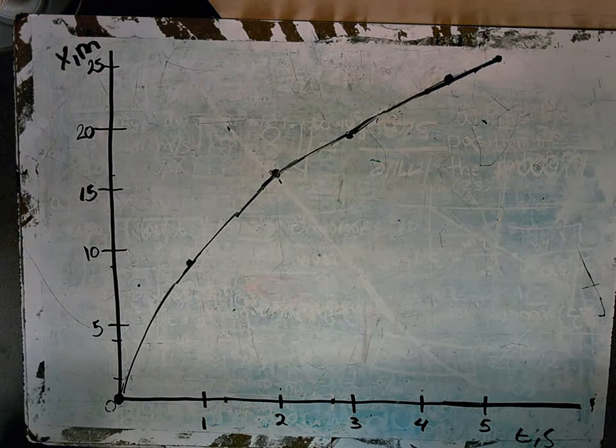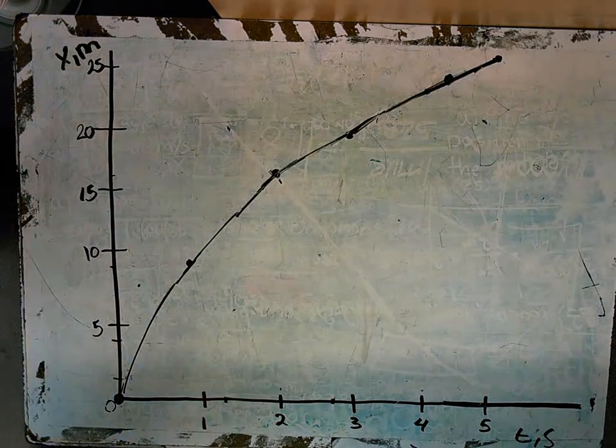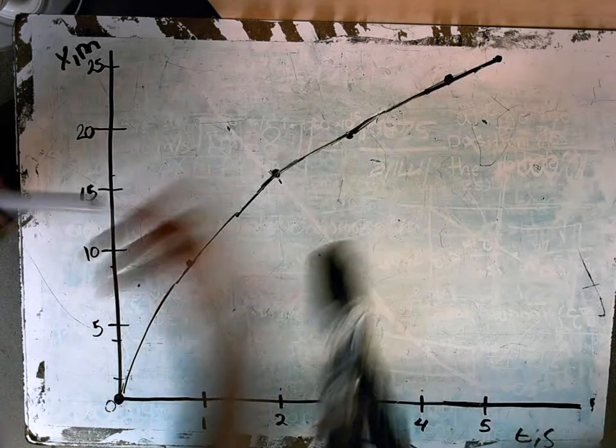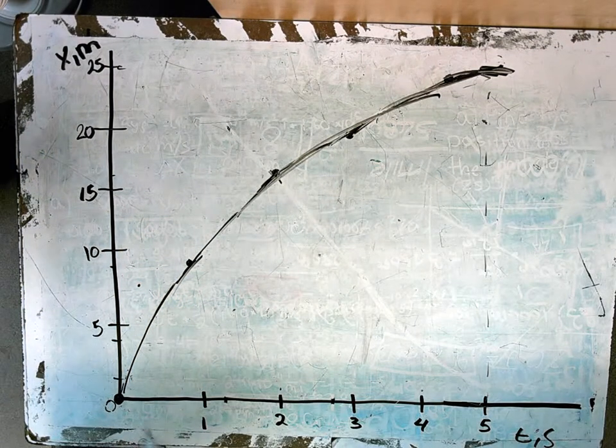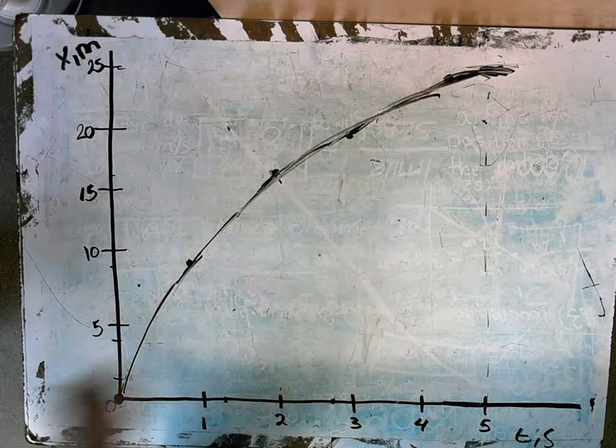Now, the only thing I would say is, at 5 seconds, I'm going to improve this a little bit. It should have a 0 slope. So this slope right here at 5 seconds should have a 0 slope because we have 0 velocity.